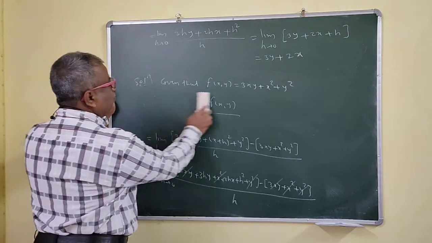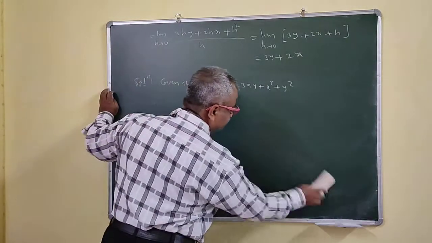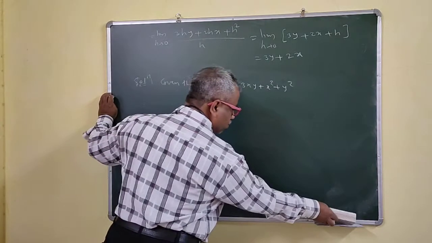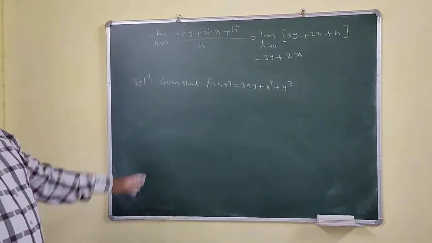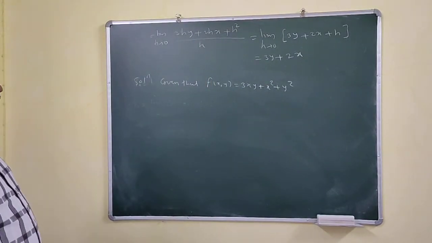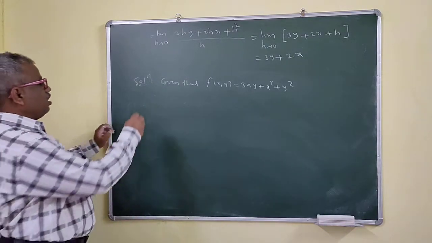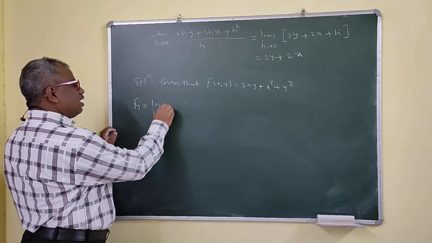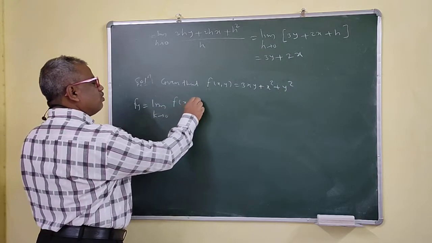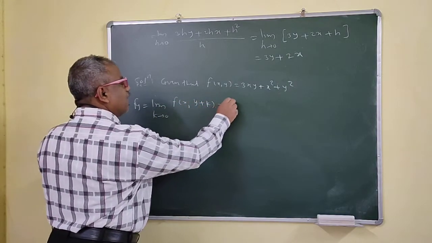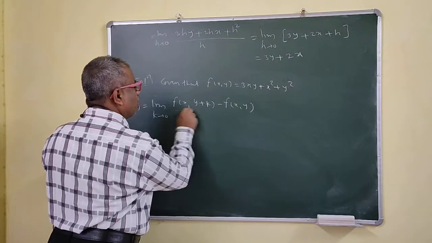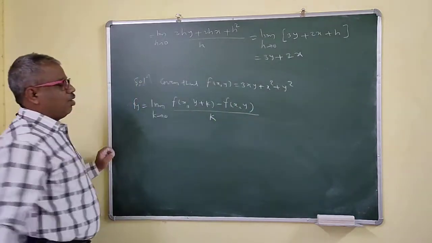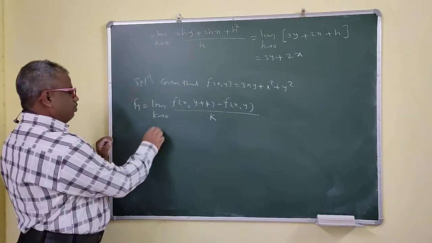Now we'll find the partial derivative with respect to y. So fy is equal to limit k tends to 0 of f of x, y plus k minus f of xy, upon k. Just find the value of this one.